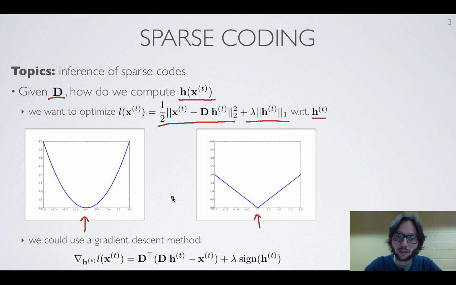Now, one thing we could do is gradient descent. We've used gradient descent algorithms before, so why not for this particular problem? We could initialize the latent representation to some value, compute the gradient with respect to the current value of the latent representation, and update it by going in the opposite direction of the gradient.